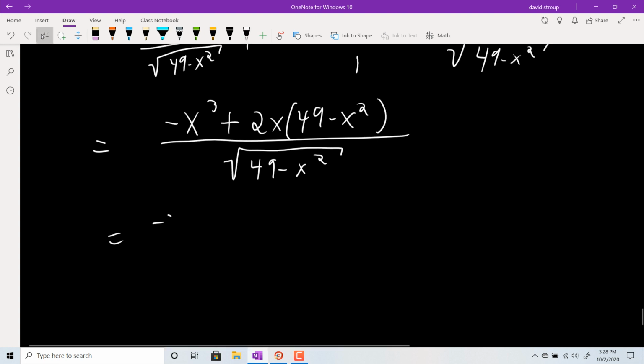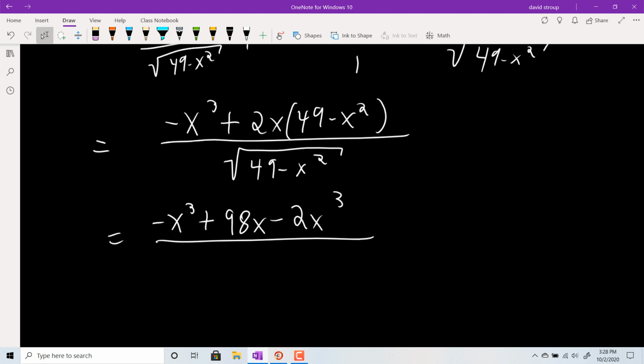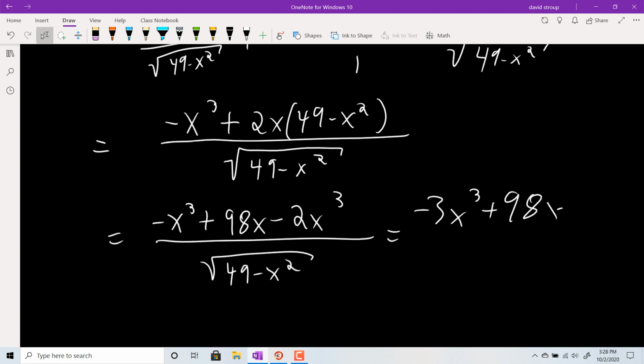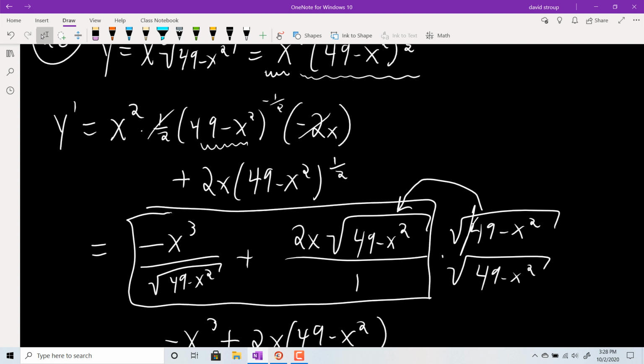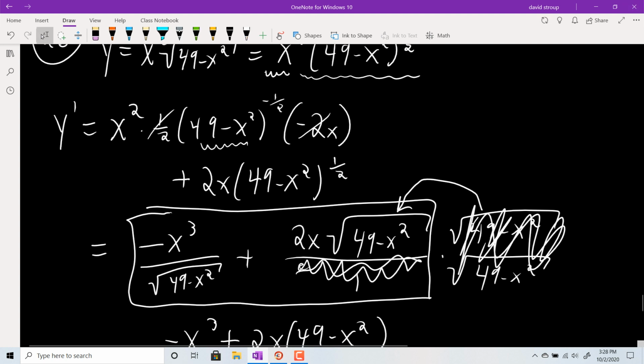Okay, so this will be -x cubed plus 98x minus 2x cubed over the square root of 49 minus x squared, which should equal -3x cubed plus 98x all over the square root of 49 minus x squared. And then, definitely that's good enough. But I would probably just write it as I originally had it, like this, without all this baloney. Okay. Without the 1, obviously, you don't want to write this as a fraction. That's silly. Okay.